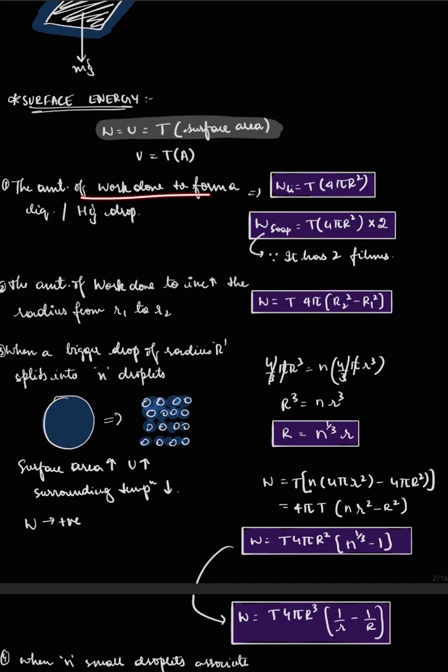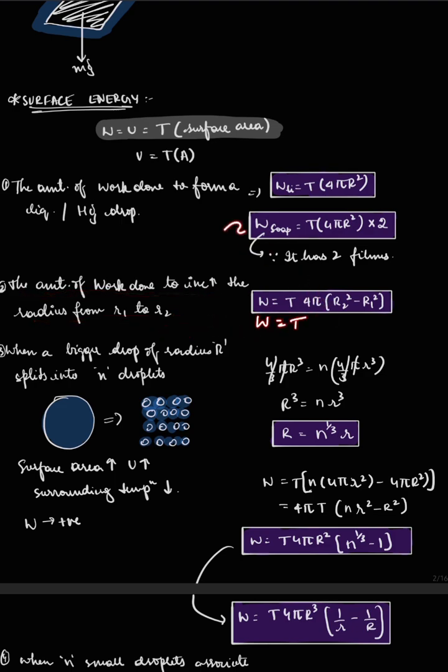So the amount of work done to form a liquid drop is T into 4 pi r square, and we get that from this formula. W is equal to T into surface area. The surface area of a water drop, which is a sphere, is 4 pi r square. Now work done to form a soap bubble, multiply by 2. That's it. It has 2 films. That's the reason.